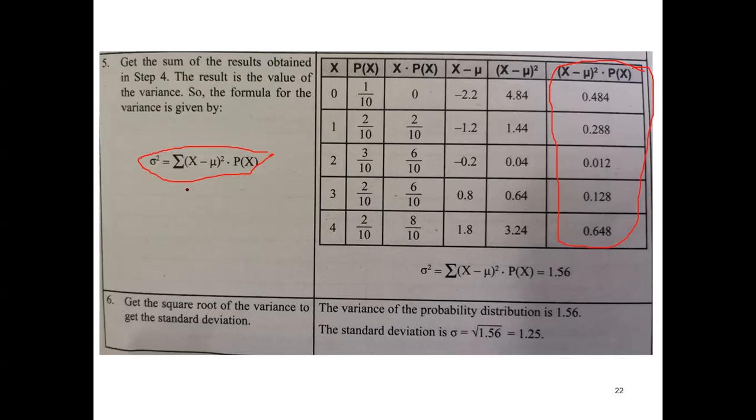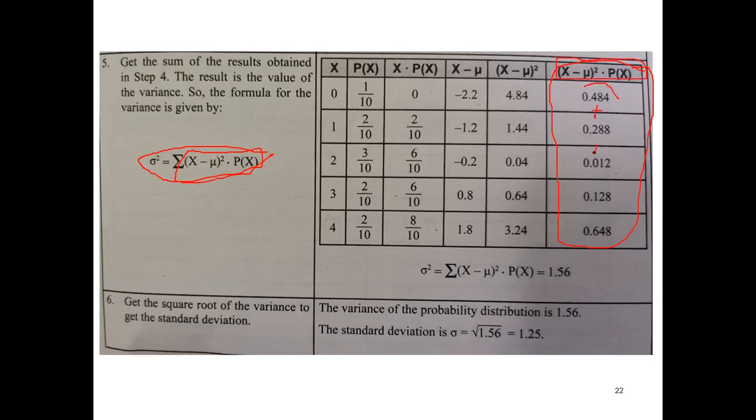Sigma squared, or variance, is equal to summation. From the word summation, add all the values of what comes next, which is x minus mu squared times p of x. So we have here x minus mu squared times p of x. We will add all of them.